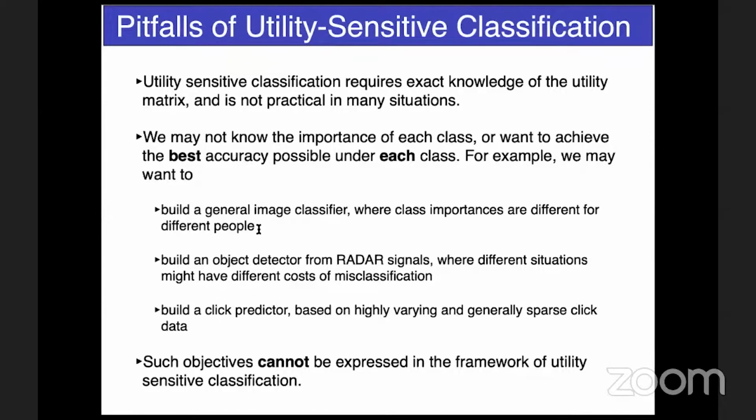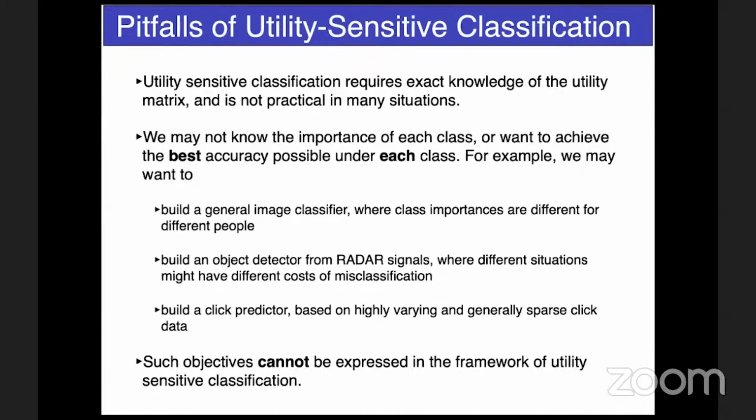There are several other situations. For example, let's say you are trying to build an object detector from radar signals, and you want to predict whether there is an enemy aircraft or not. Here, once again, it's not immediately possible to say what the utility matrix is. There is a risk to false alarms. If you predict that there is an ICBM coming and you launch a nuclear warhead, and then you find out that it was really a false positive, you have doomed the Earth to a nuclear winter.